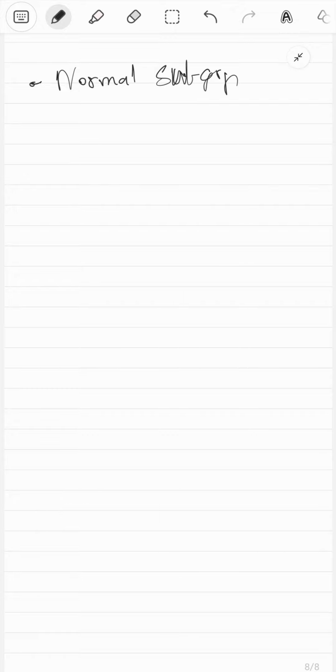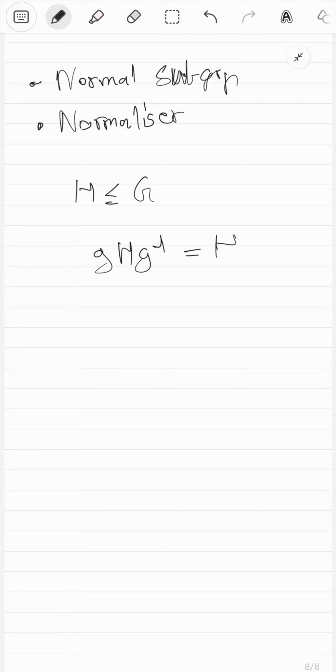Okay, next we want to define something that's called a normalizer. So for any random subgroup H of G, let's just consider all the elements g such that gHg inverse is H. So it might be that this equation does not hold true for every single g in G, right?